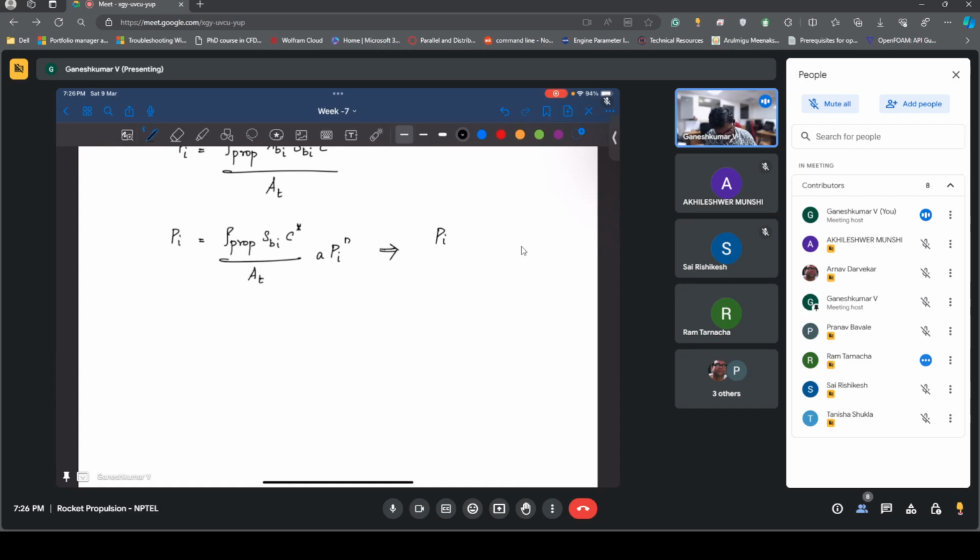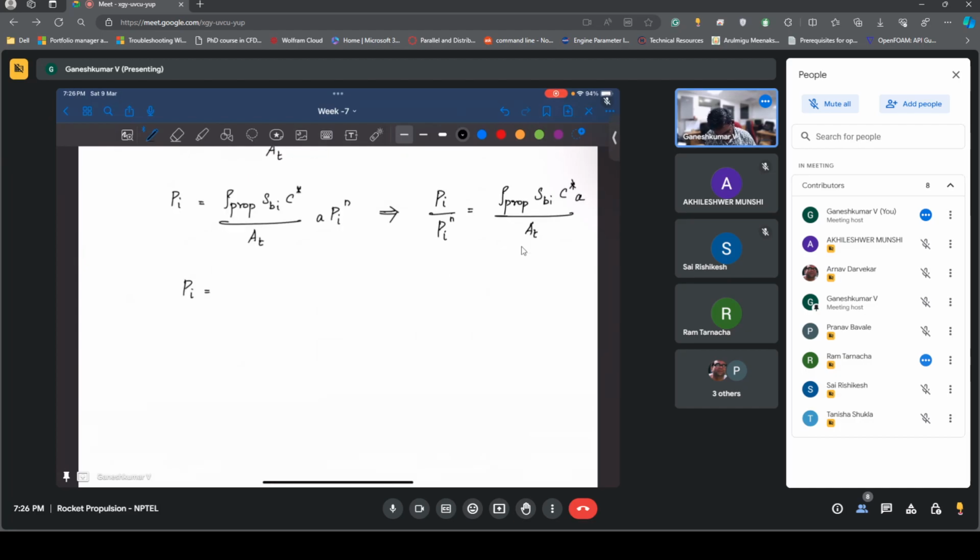So Pi by Pi power n is equal to rho propellant SPI C star by AT into A. So Pi power 1 minus n is equal to this. I think this formula is what Sai is referring to, I guess. Basically I am just deriving the same thing, nothing else.